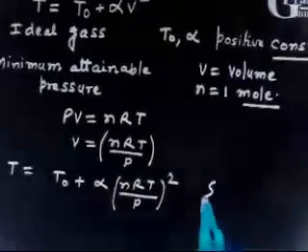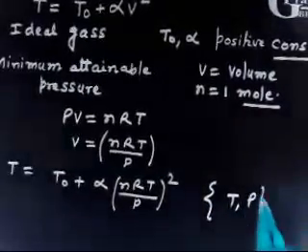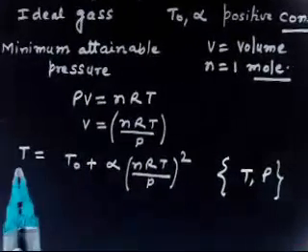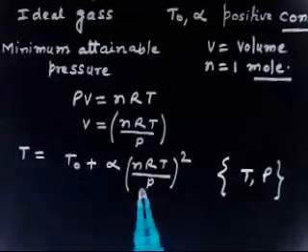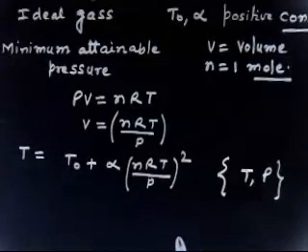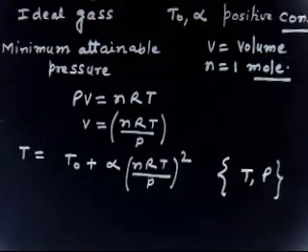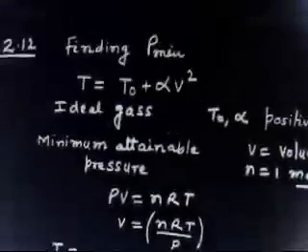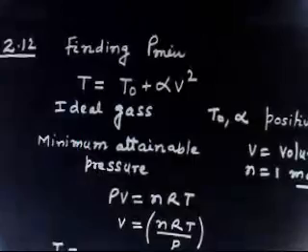From here I can find P, then differentiate dP by dT and equate it to 0, and then I get the minimum attainable pressure. This is one way.